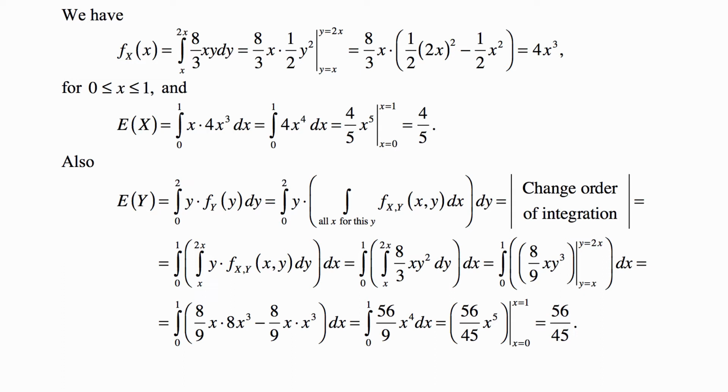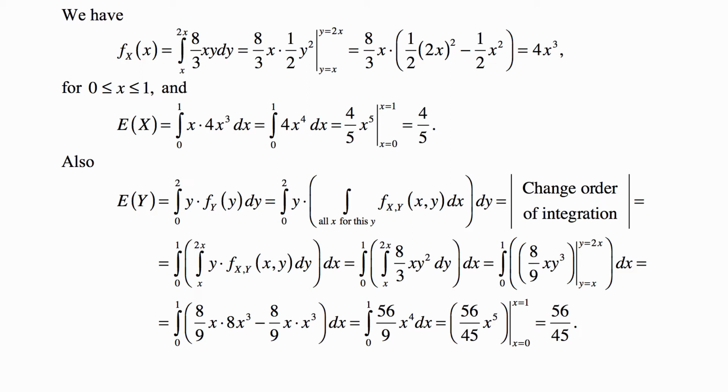With respect to y, 8/3 x is a constant, so we only integrate y, which gives 1/2 y squared, evaluated from x to 2x. We get 8/3 x times 2x squared minus half x squared, which is 1.5 x squared, or 3/2 x squared. 3/2 multiplied by 8/3 gives us 4, and x times x squared gives x cubed. So the density of x for x between 0 and 1 is 4x cubed.